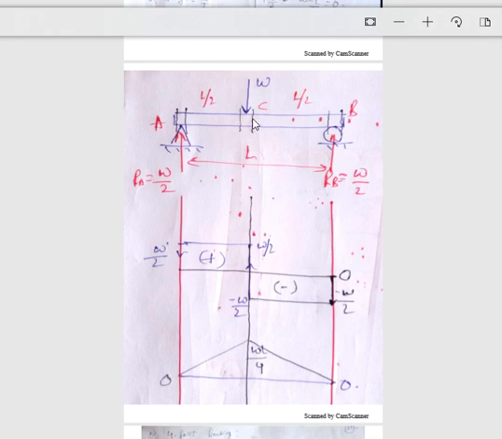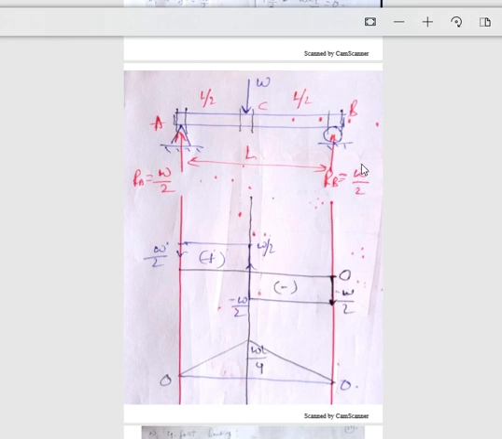Now go to this section. At section C, coming from the right-hand side, there is only one force, so there will be only one bending moment. With respect to this section, this force is bending the beam upward, so I'm going to take it as positive. What is the value of the bending moment?